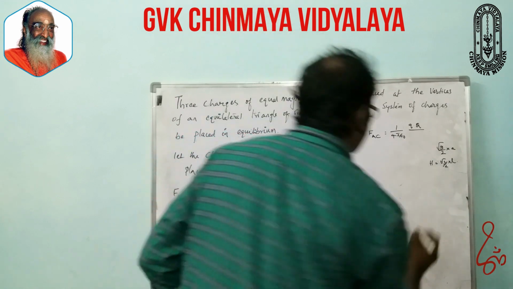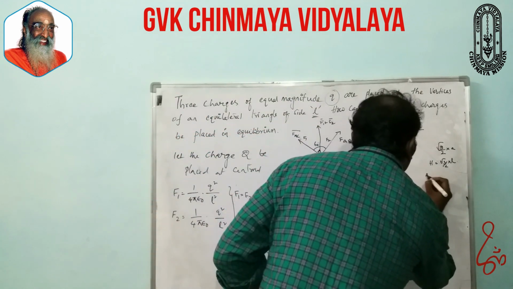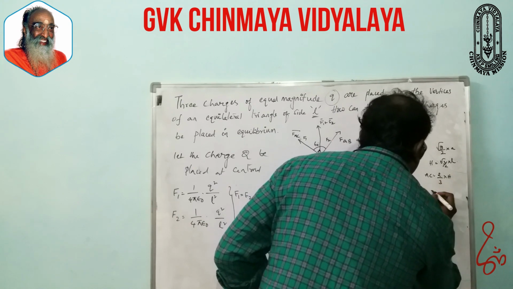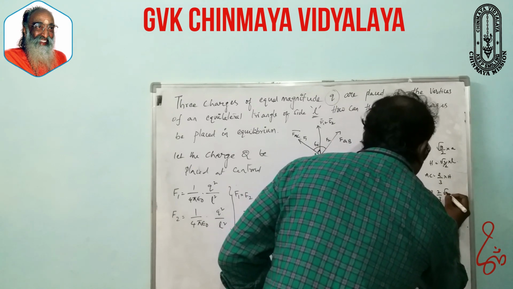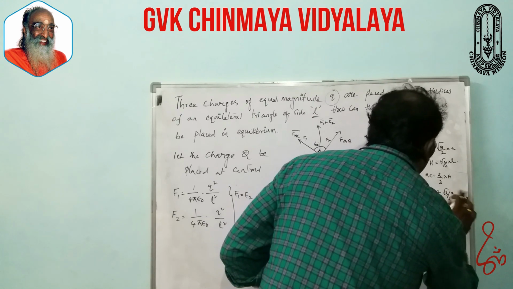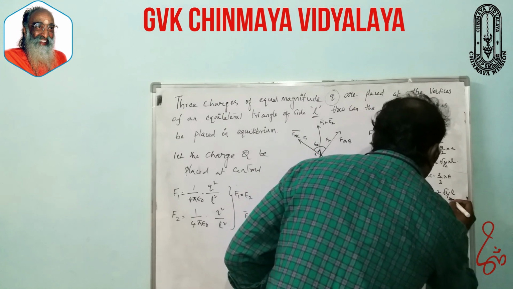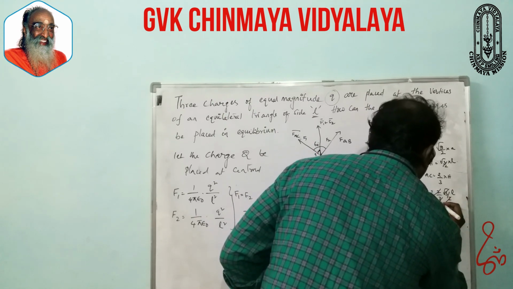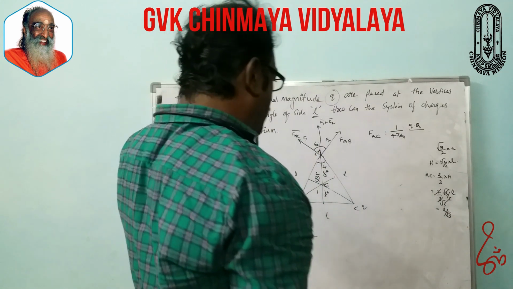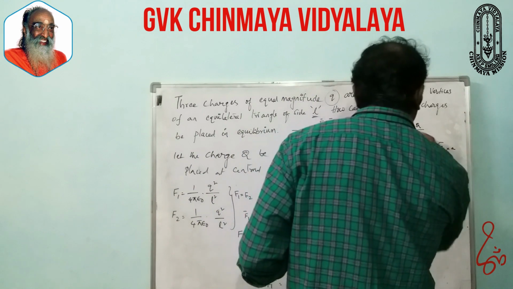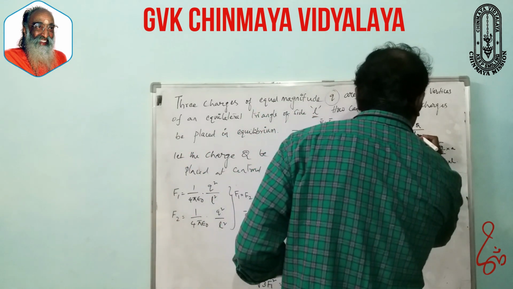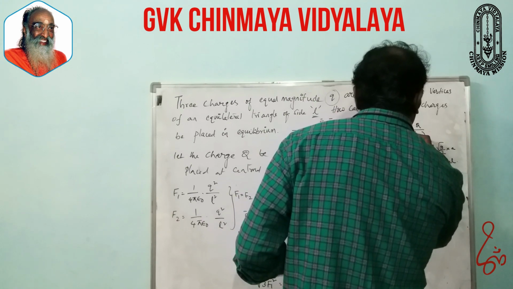So the length AC is equal to 2/3 of h, that is 2/3 of root 3 by 2 L. So you got it as L by root 3. So this length is L by root 3, and so the denominator is R square, which is L by root 3 whole square.